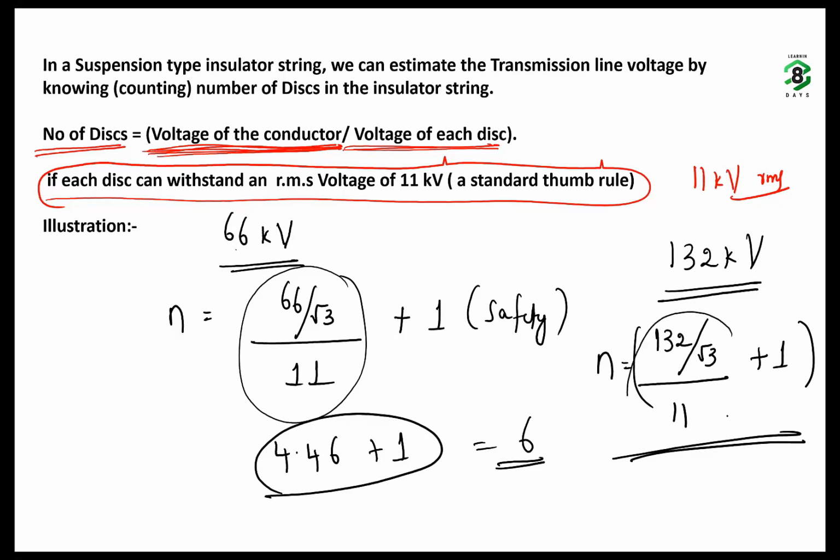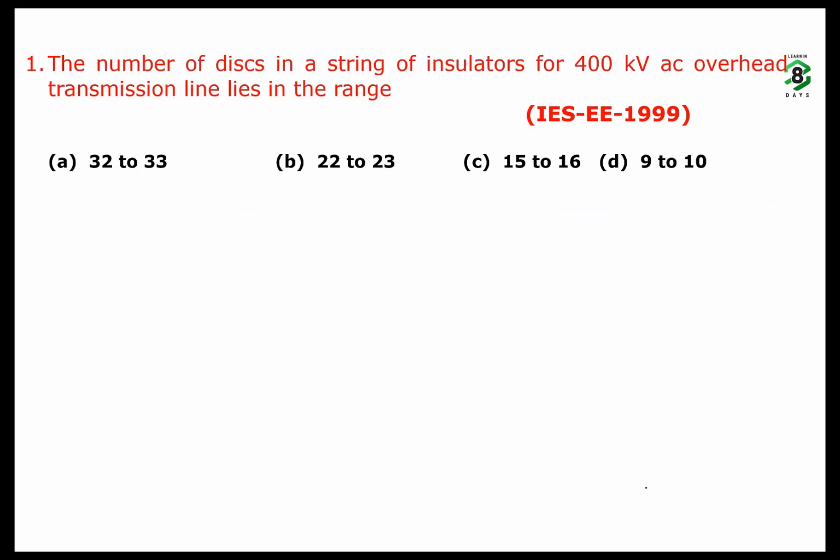You have to add this with plus 1 and take the next highest number. 8. 8 discs, very good. So 8 discs for each conductor. Option B, sir. 22 to 23. Very good. Option B is the right option.